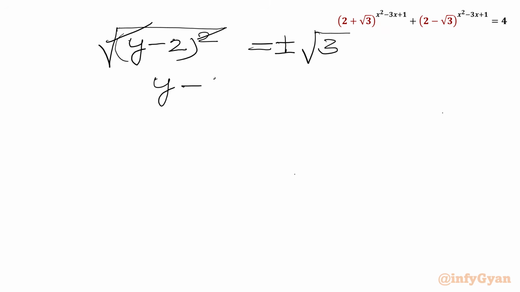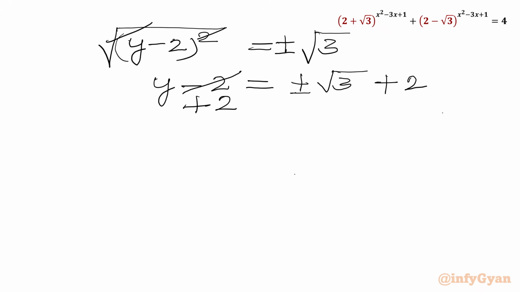We will write y minus 2 equal to plus minus square root 3. Now we will add 2 to both sides so that we can find y. Plus 2 minus 2 will get over. We will get y equal to 2 plus minus square root 3.